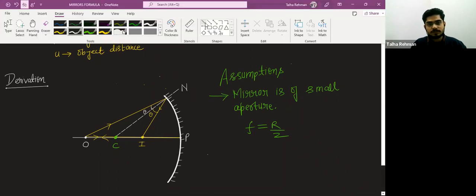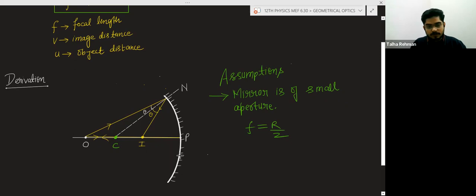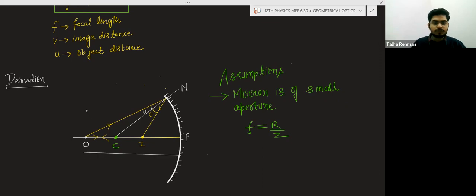So from the pole you are measuring the distance, and this is your object distance u.